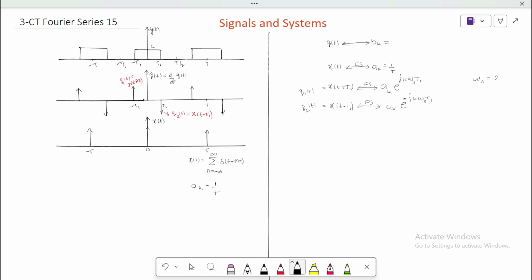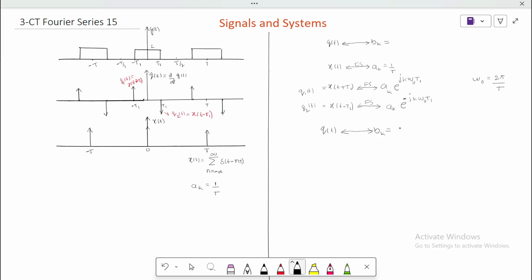Here omega naught equals 2 pi by the time period, which is T. Every signal q of t and x of t has time period capital T. Now for this q of t, its Fourier series coefficient bk equals the sum of the q1 and q2 coefficients.